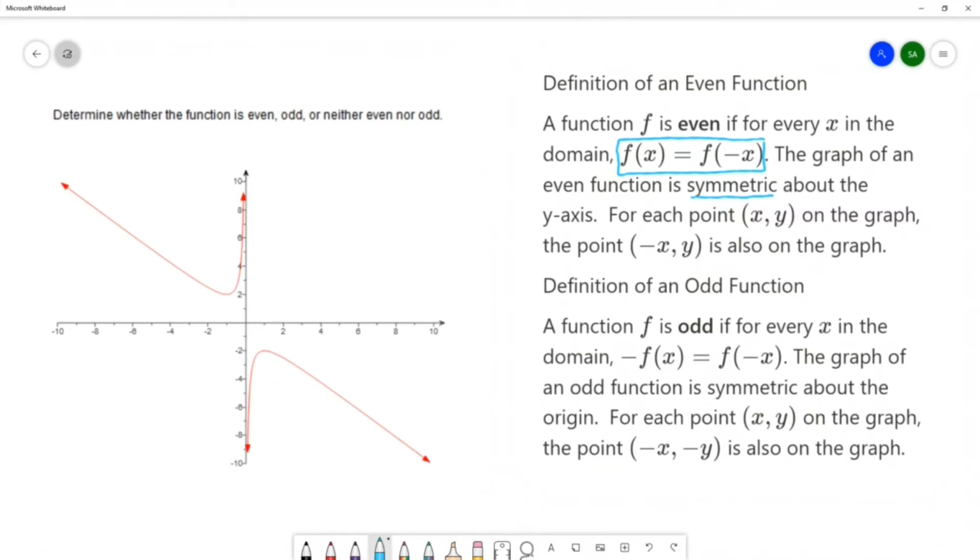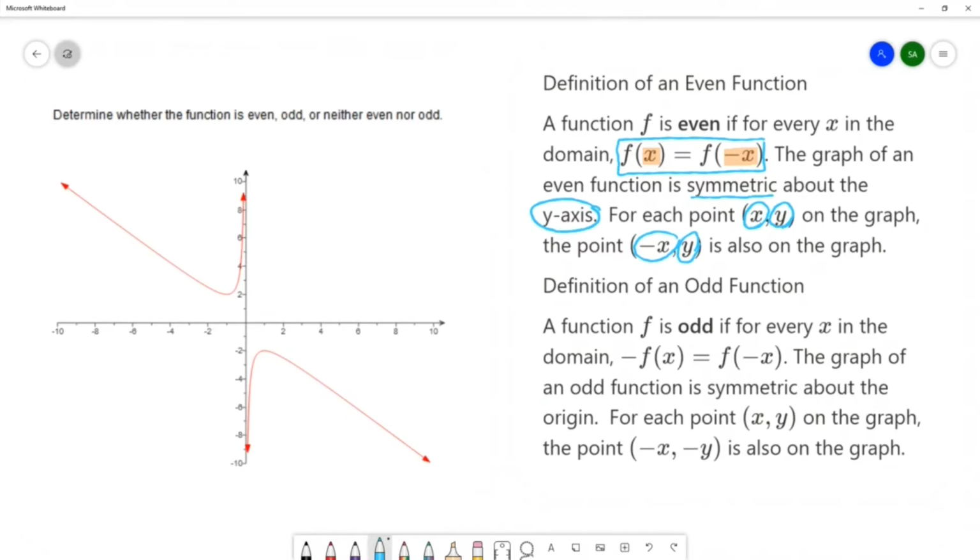With symmetry, we have the x's being opposite, and that's what you see inside the parentheses here. You have this x and this x being opposite of each other. And yet, even though those x's are opposites, you can see that the y values are the same. And this is really the definition of being symmetric about the y-axis.